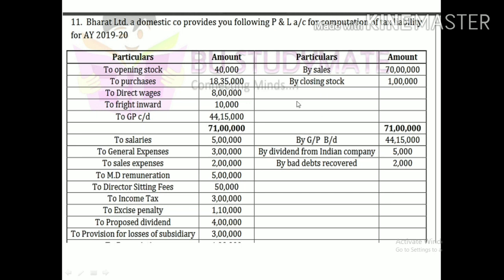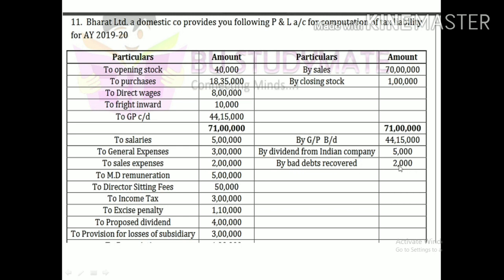Here first we have credits as sales and closing stock related to the trading account, leave that. The next, dividend from Indian company, that is 5,000. It is income from other sources, so it is inadmissible income already credited, so it should be deducted. Then bad debts recovered.